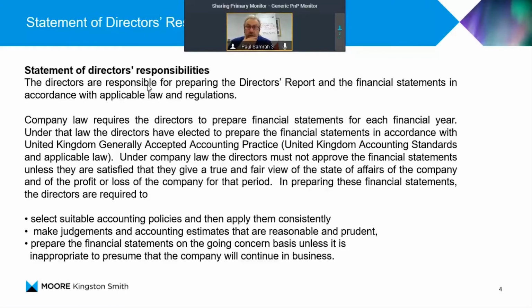And obviously with the pandemic at the moment, clearly there are significant considerations to bear in mind when you are preparing a set of accounts, because normally they are prepared on the basis that the company will continue trading for at least the next 12 months.